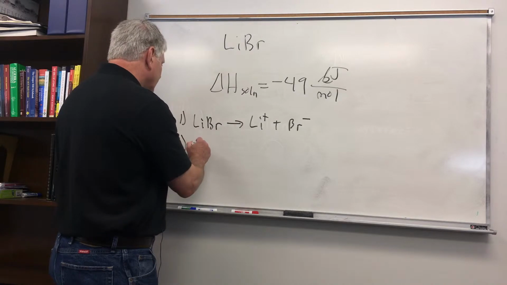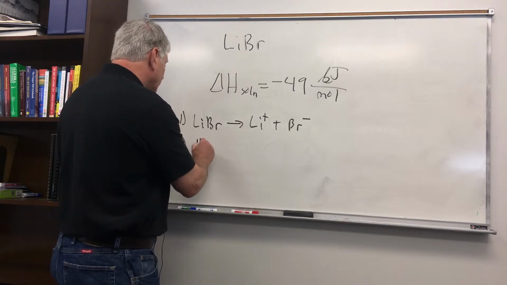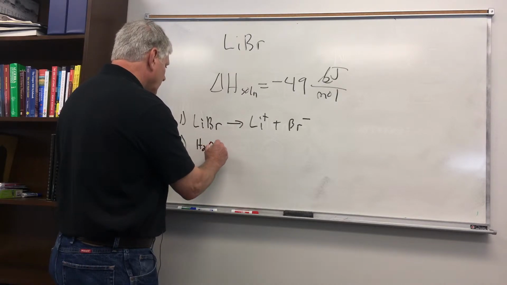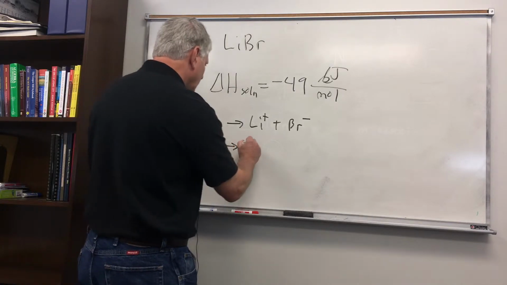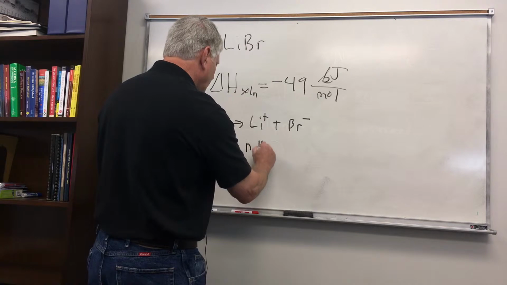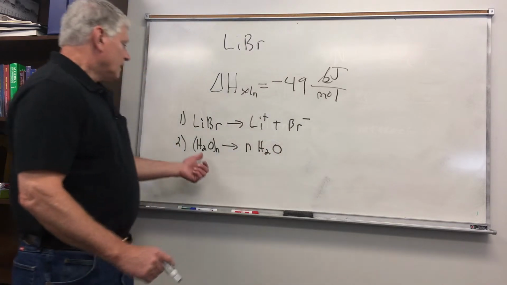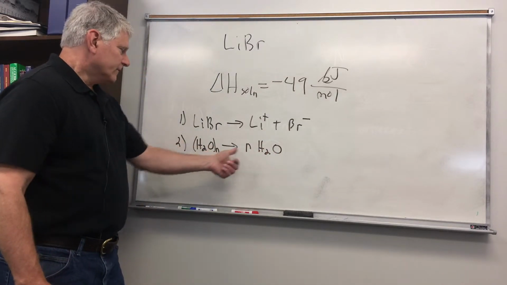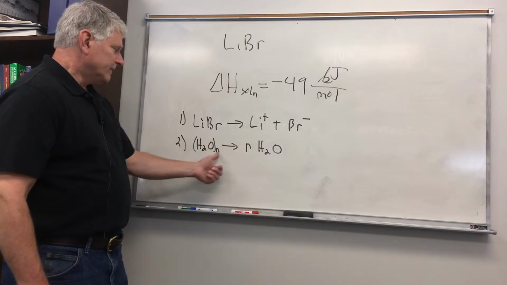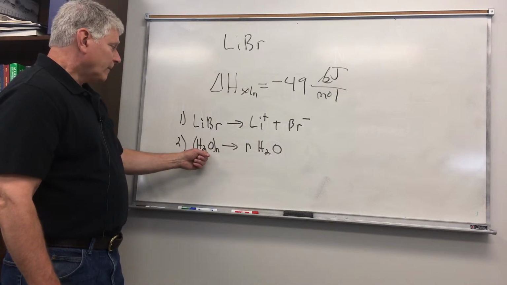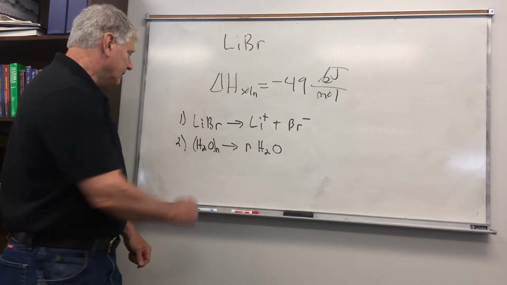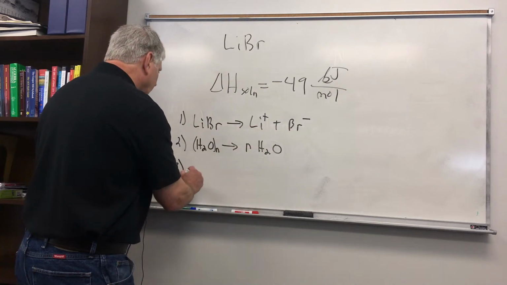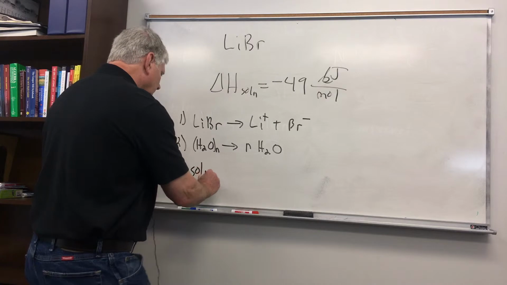The second step is breaking apart water, and it's just a number, a stoichiometric coefficient. So we break apart water so that it can surround the lithium and bromide ions, and then we form the solution.